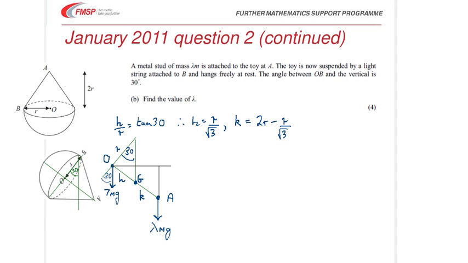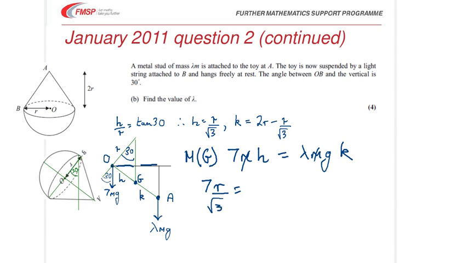So taking moments about G, we get 7mg times h equals lambda mg times k. As I explained, h and k are in the right ratio as this distance and this distance here. So we cancel out the m's, and 7r over root 3 equals lambda over 3, times 6r minus r root 3.